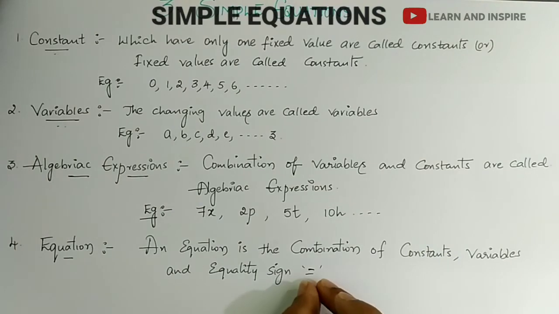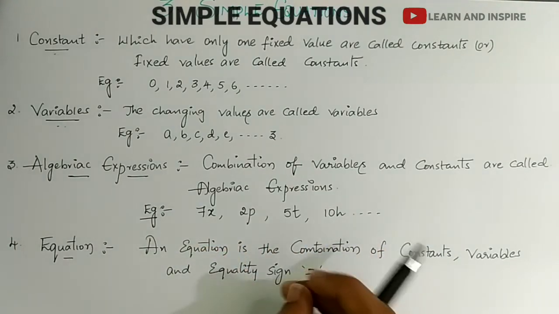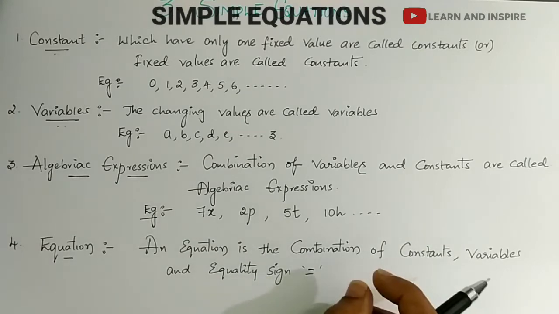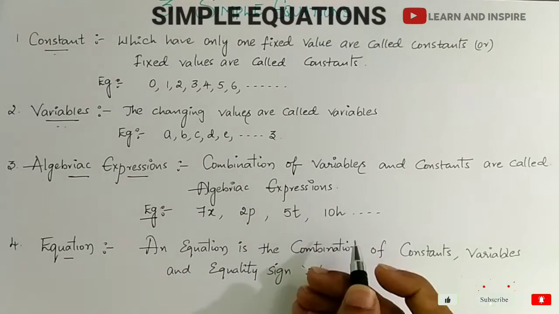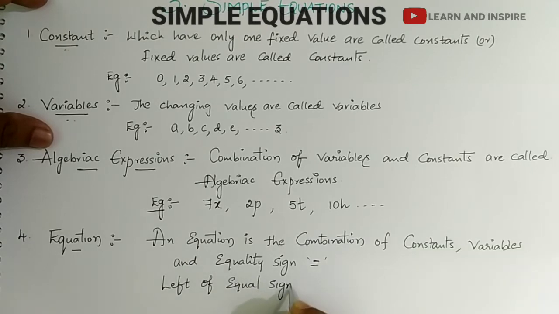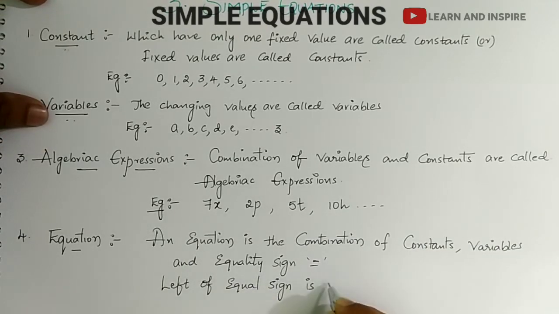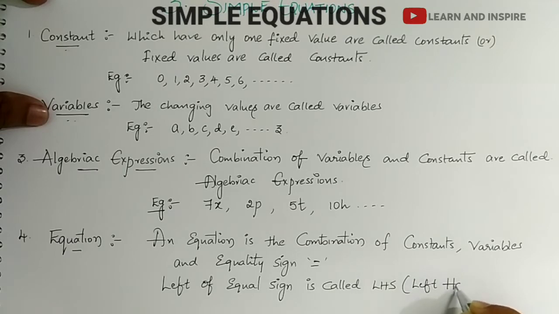Now there is an equality sign. Left side of the equality sign we call it the LHS, that is left hand side, and right of the equal sign we call it the RHS, that is right hand side. So we write this also: left of the equal sign is called the LHS. It's nothing but the left hand side.